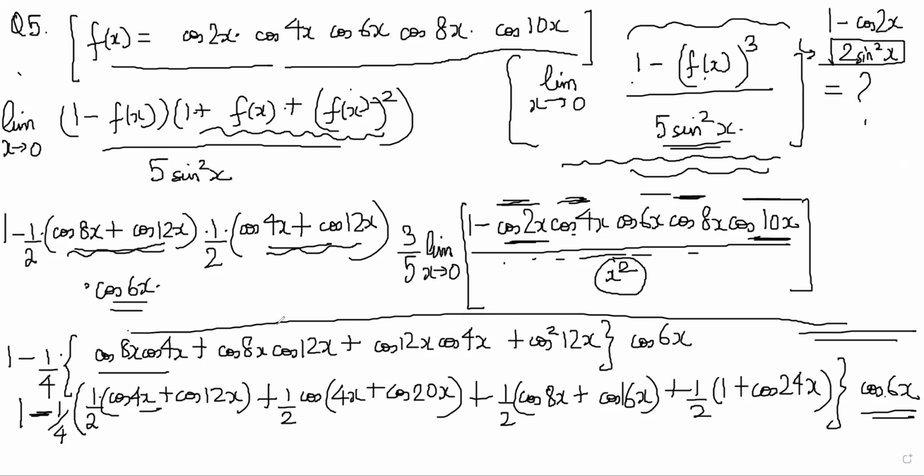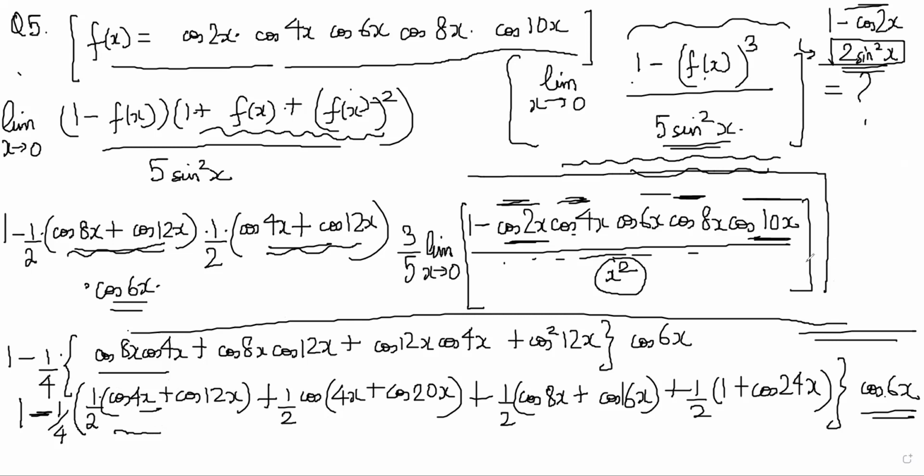You cannot put values directly. You have to first convert it into many cos terms and then use 1 minus cos 2x equals 2 sine square x for every one. It is really annoying, but right now I don't know a better way. A better way could be differentiation, but that will be super annoying. Don't try to differentiate this.